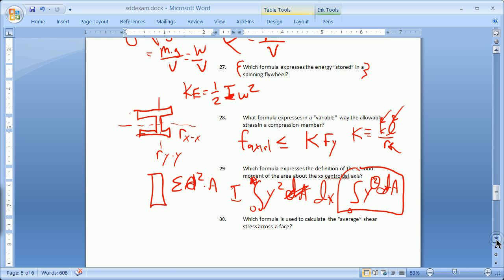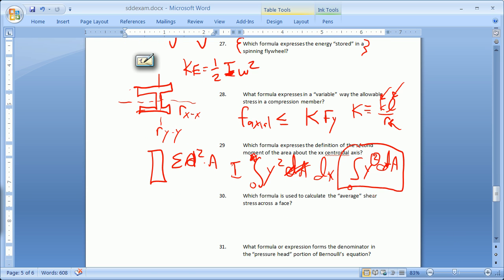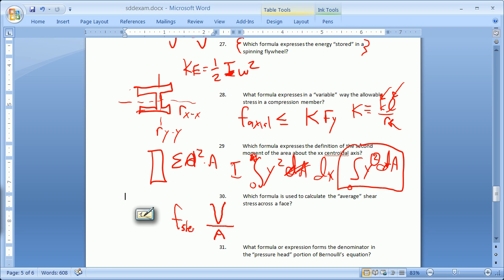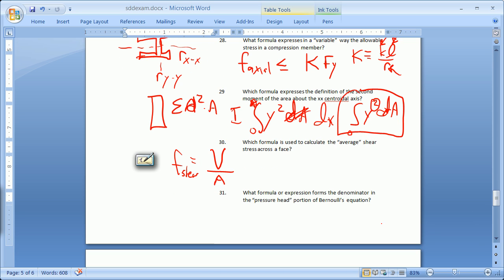Number 30, what formula is used to calculate the average shear stress across a face? V is shear, A is area. It's across the face, so this is the shear stress. It's usually f sub v. What formula or expression forms the denominator of the pressure head equation?